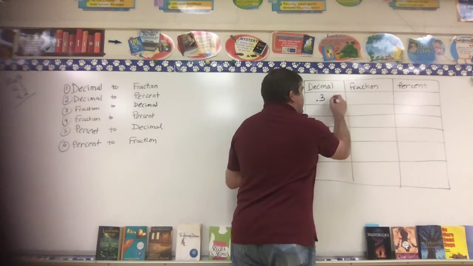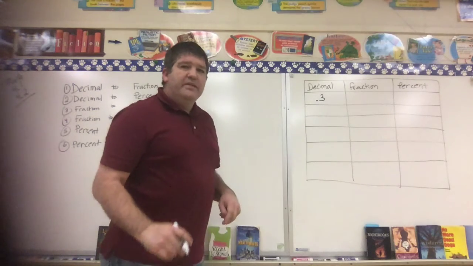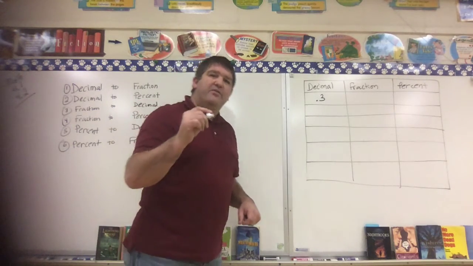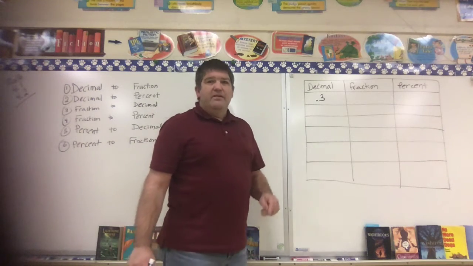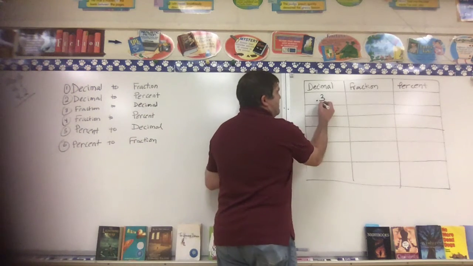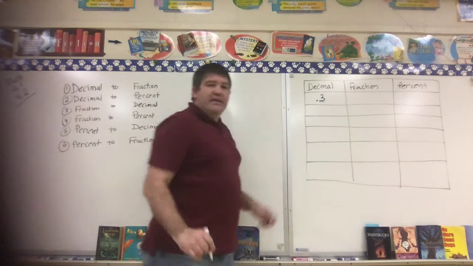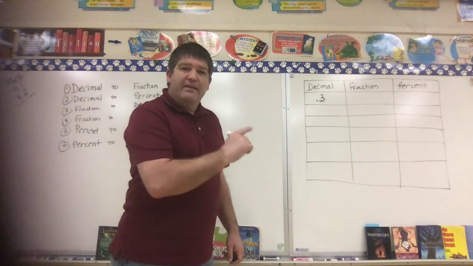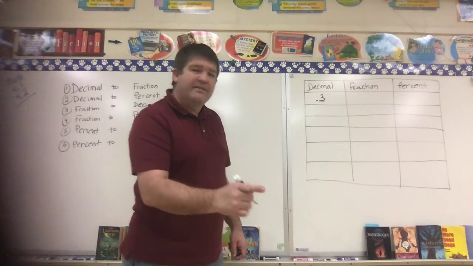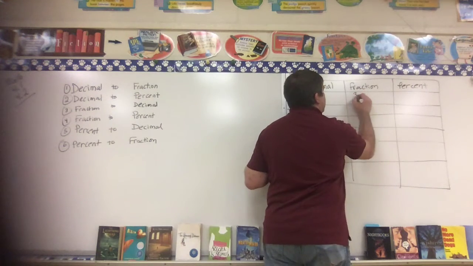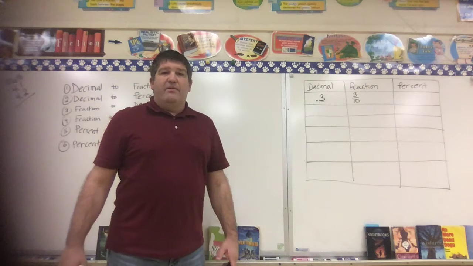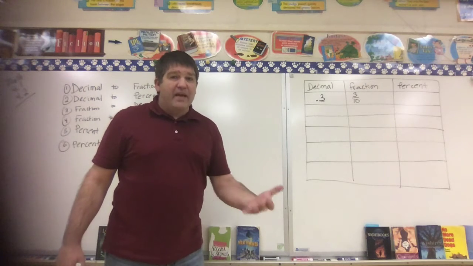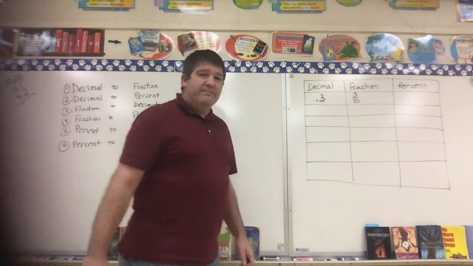The way you go from a decimal to a fraction is you say it and then you write it. So you don't say 0.3. You say what this is. What place value is that? That's the tenths. So that is 3/10. And now I have to simplify it if I can. That one I cannot.